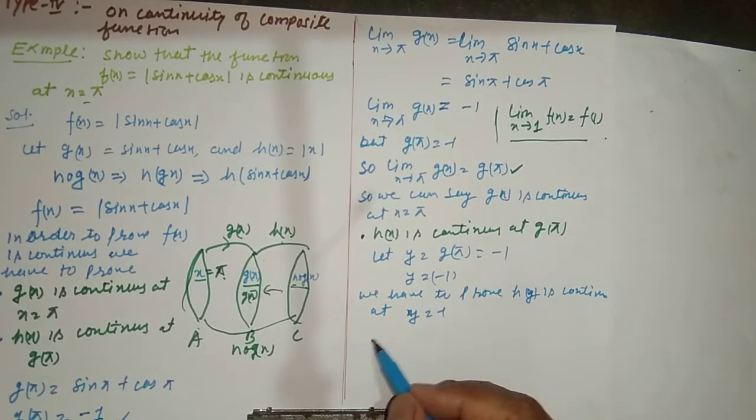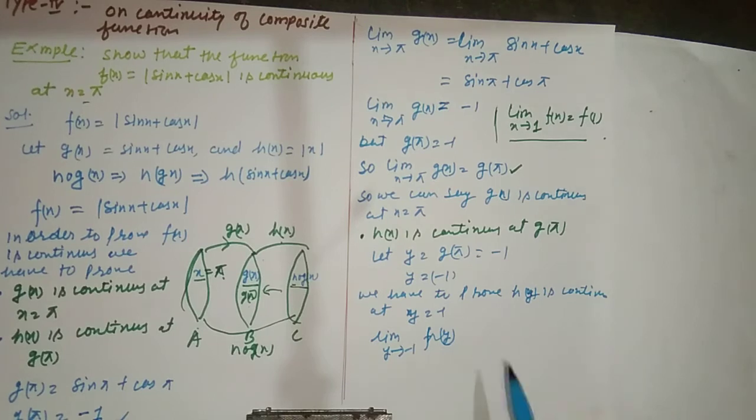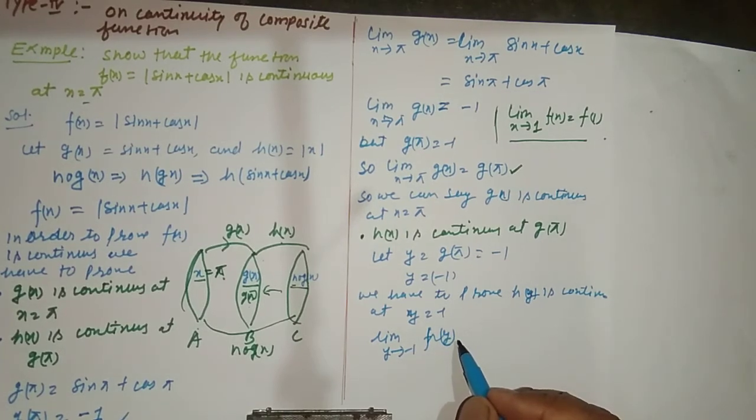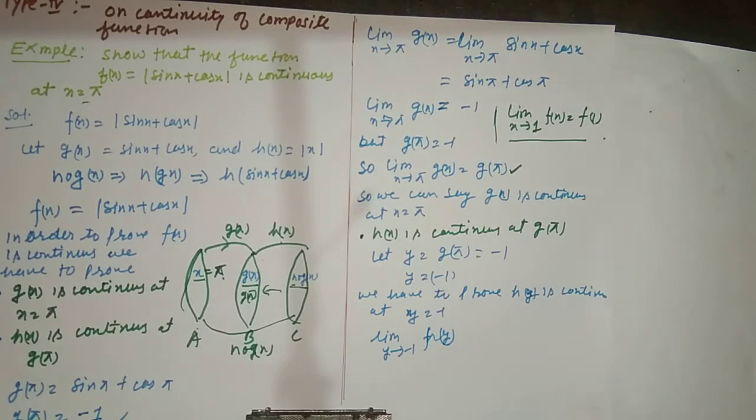So we apply a similar process. Limit y tends to -1 of h(y). So the left hand limit and right hand limit we will discuss.